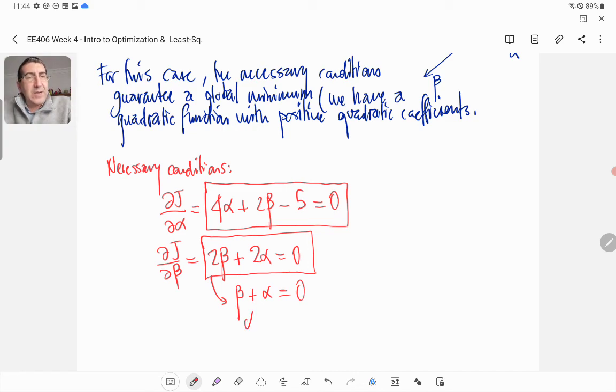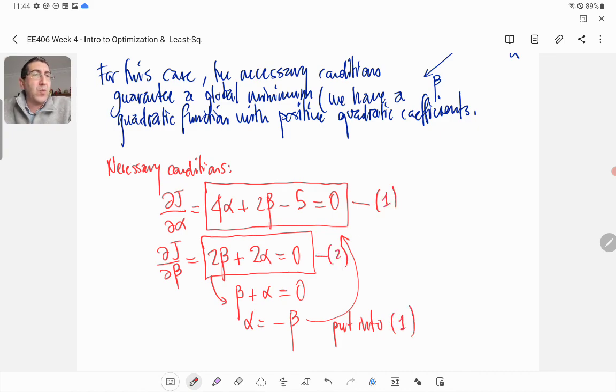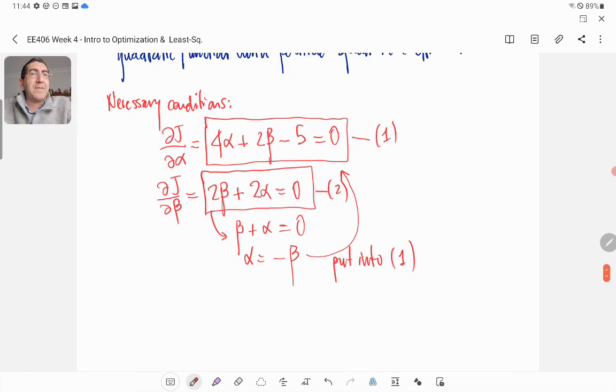But here I have beta plus alpha equals to 0 from this one. That means I can write alpha in terms of beta. Okay, so this is my first equation, this is my second equation, put into 1. So I have alpha is equal to minus beta, so I have minus 4 beta plus 2 beta minus 5 is equal to 0.